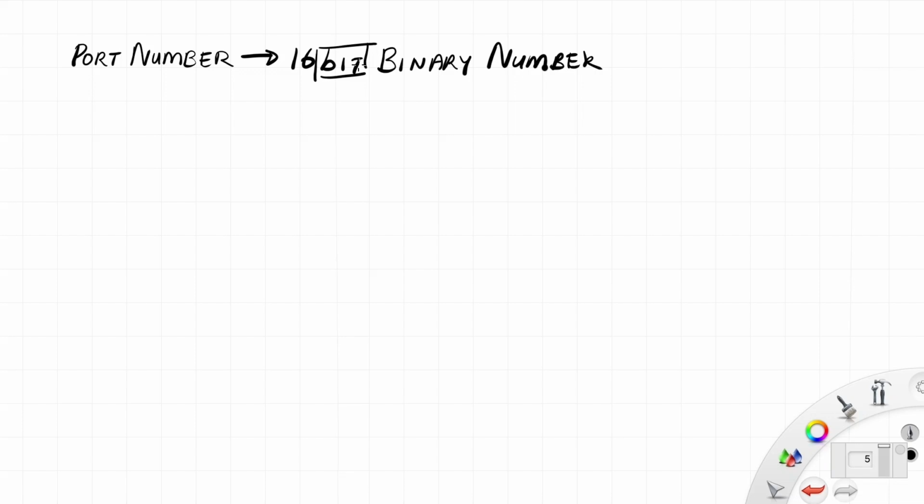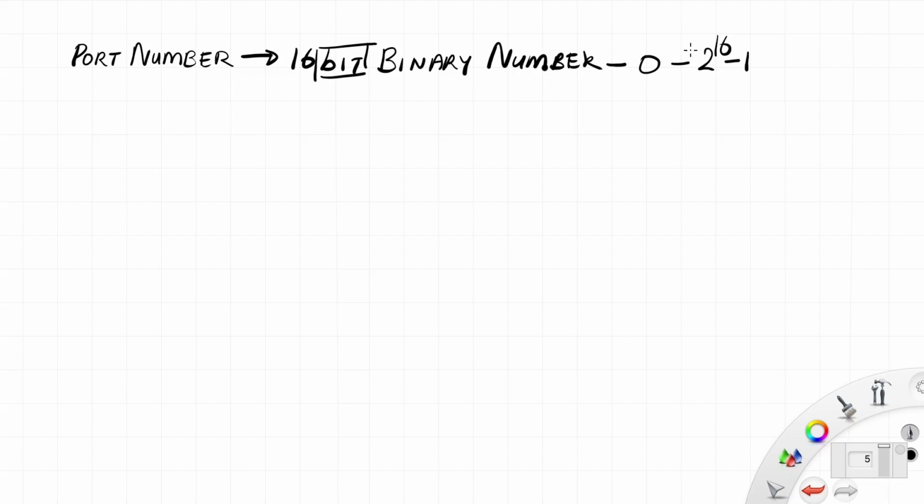It's a very big number in terms of binary, but it's not that big if you consider it from a decimal perspective. Basically, this number goes from 0 to 2 raised to 16 minus 1, which means that a 16-bit binary number can have 2 raised to 16 different possibilities, or permutations and combinations.